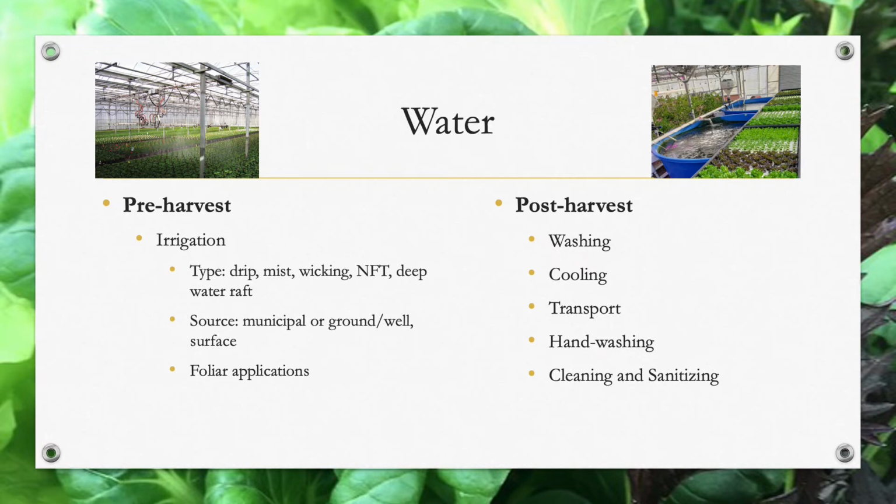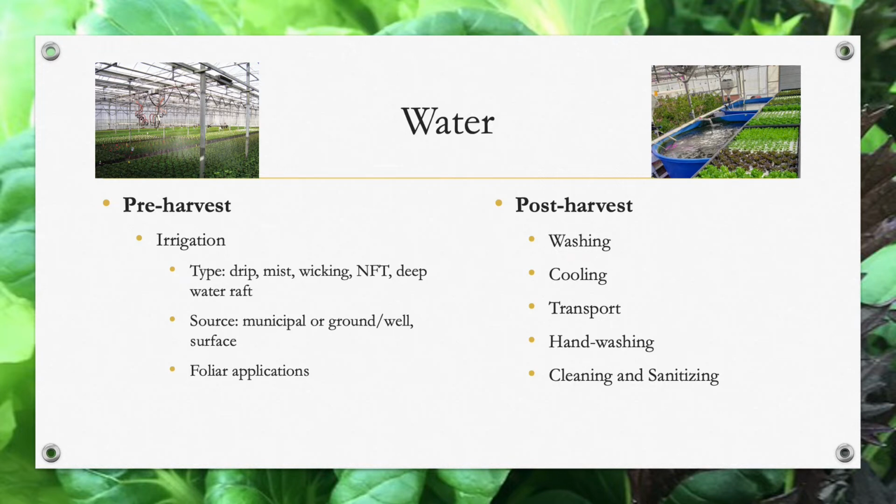So if that water is held in a retaining pond, then it needs to be treated with a sanitizer if it's going to come into contact with the edible portion of the crop. And again, foliar applications, anything like fertilizers or pesticides, are contacting probably the edible portion of the crop, so you'll have to use potable water there.